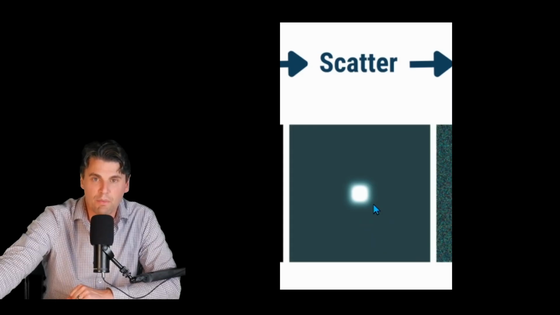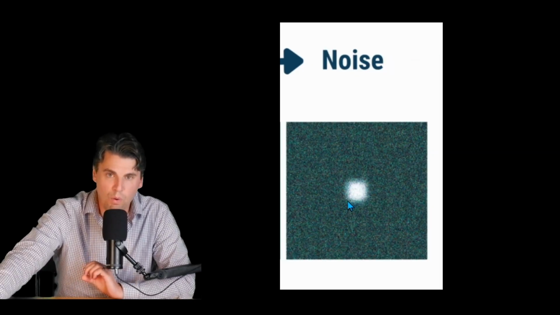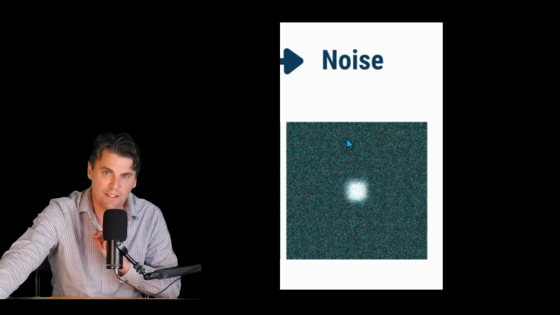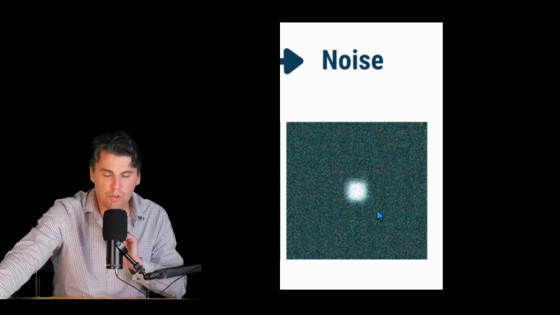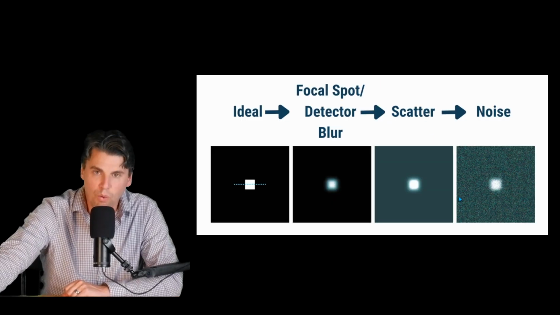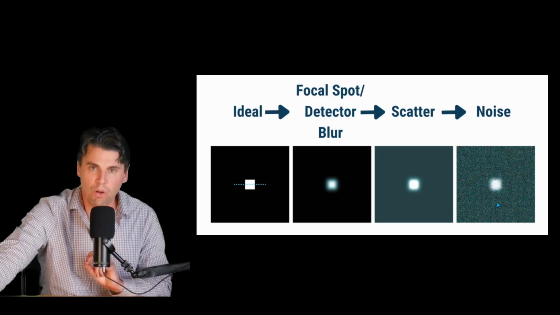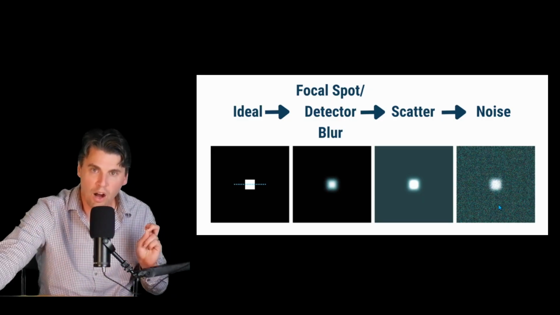For that reason, we typically like to reduce the scatter in our X-ray imaging using, for instance, anti-scatter grids. Finally, quantum noise leads to fluctuations, which also can make it more difficult to visualize the anatomy. All of these things are at play in your clinical images, and you have control over all of them.